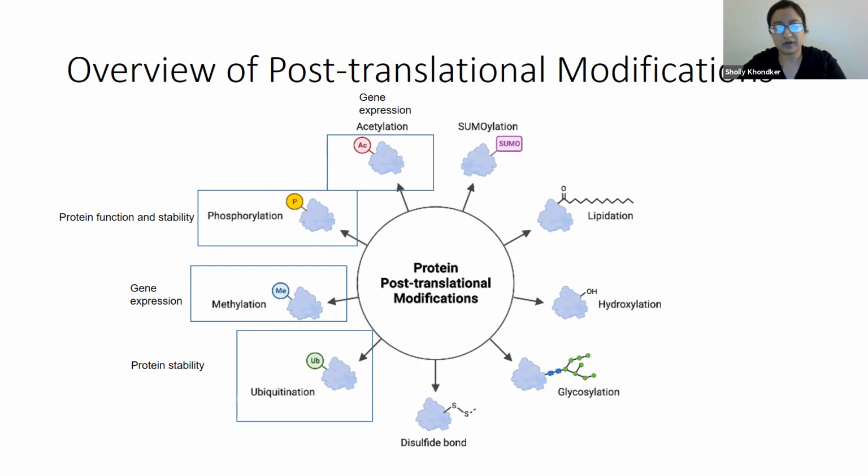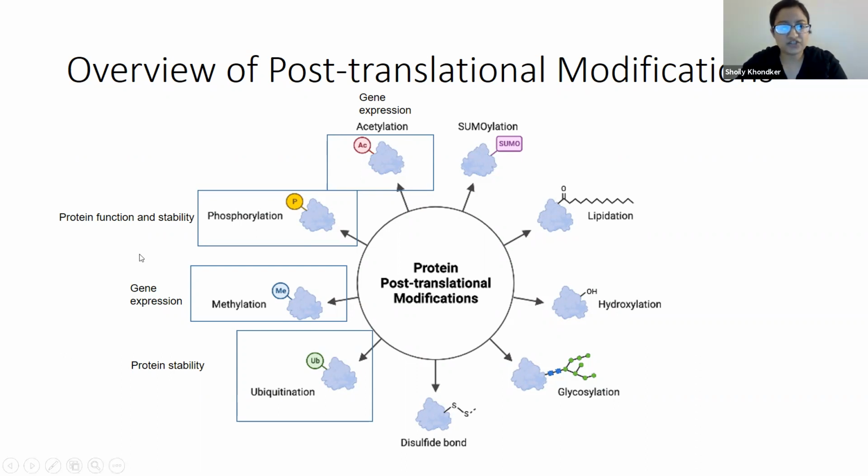You may remember from session 2, histones are proteins that form complexes with DNA to form nucleosomes, and this is how DNA is stabilized and packaged in the nucleus. You also may remember that histones are rich in lysine and arginine residues, which are targets for acetylation and methylation modifications.